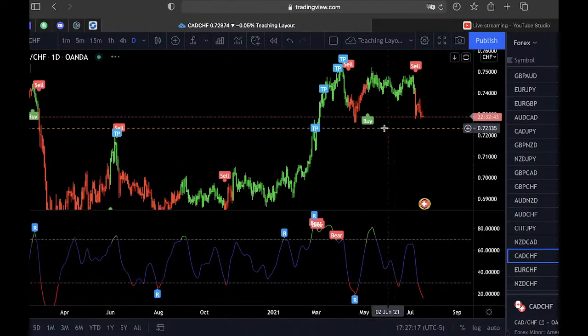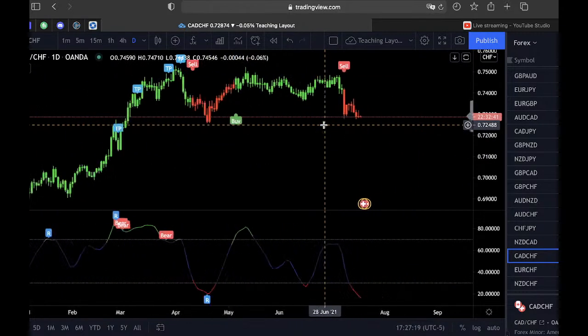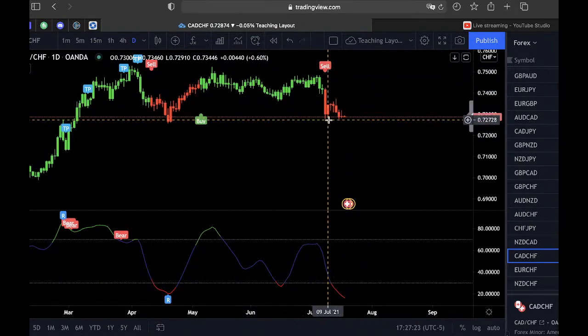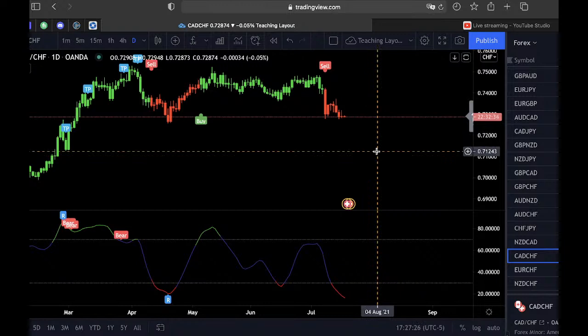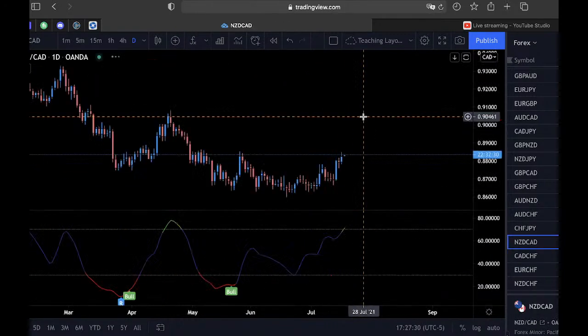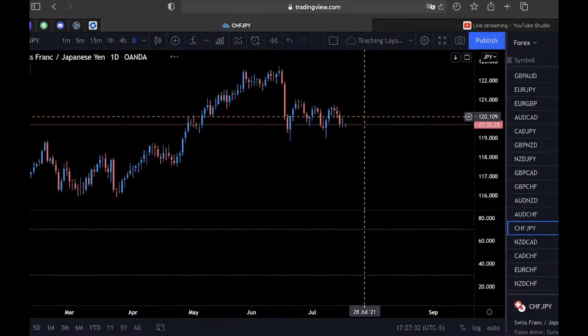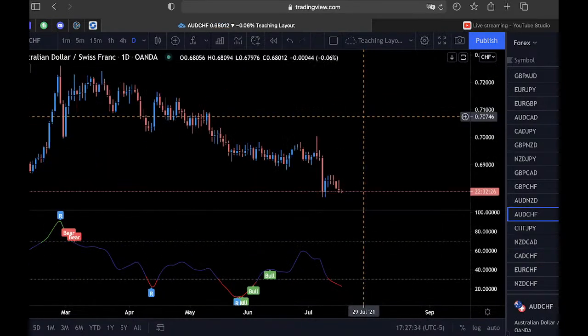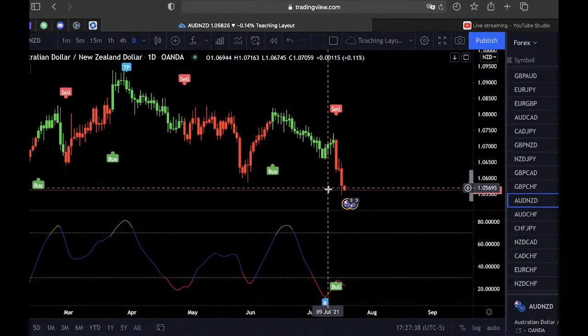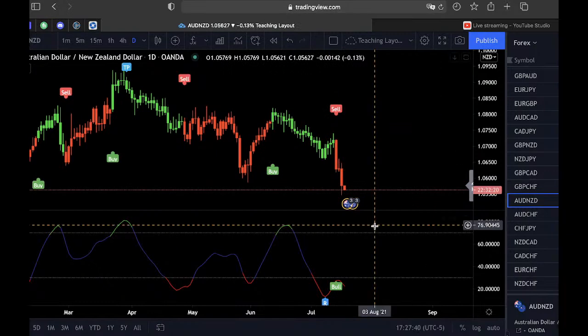So here's CAD CHF, but it looks quite weak to me. I mean, it looks like it's forming an H pattern, so it looks like it's going to break down there, so I don't really like that. Hasn't triggered a reversal yet, so I'm going to wait for that. Nope, I'm looking for things that are overextended. So here is Australian dollar.